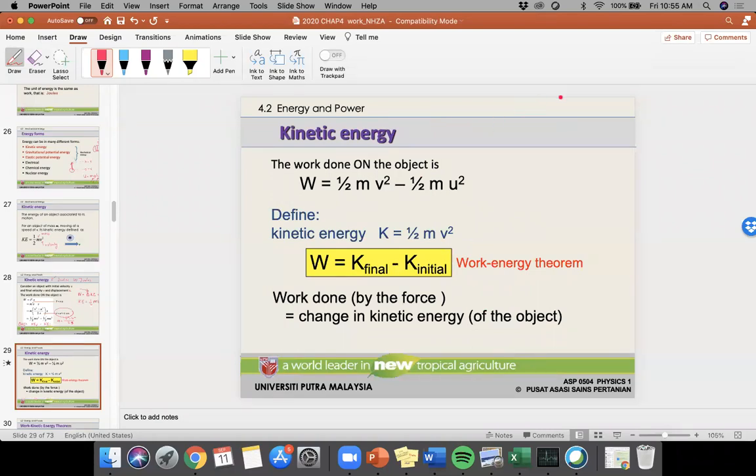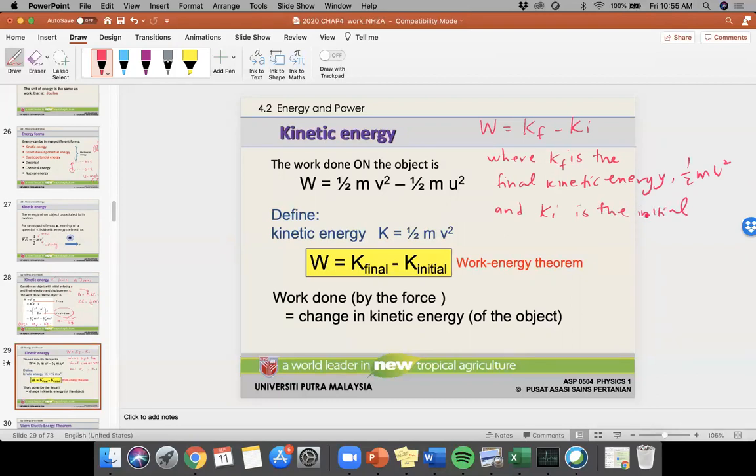So when you answer this question, W equals K final minus K initial, where Kf is the final kinetic energy, 1/2 mv squared, and Ki is the initial kinetic energy, 1/2 mu squared.